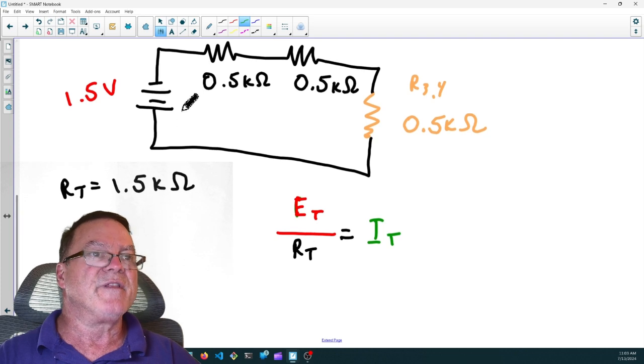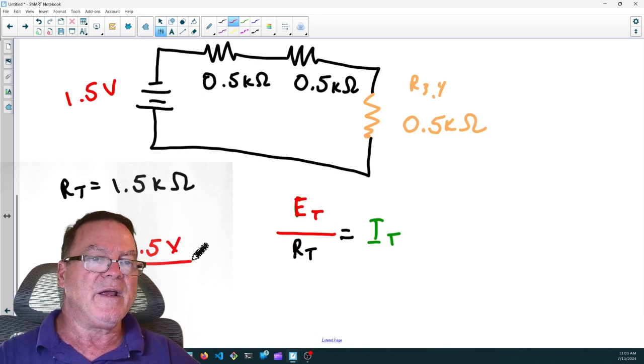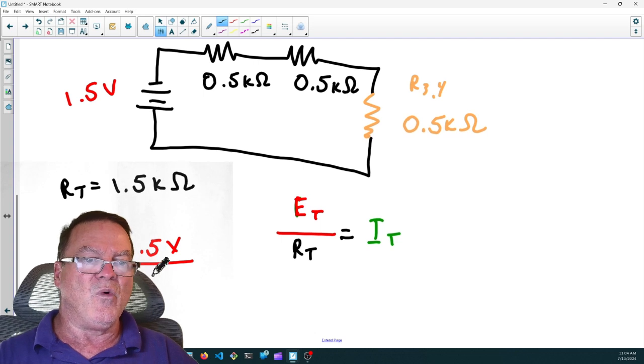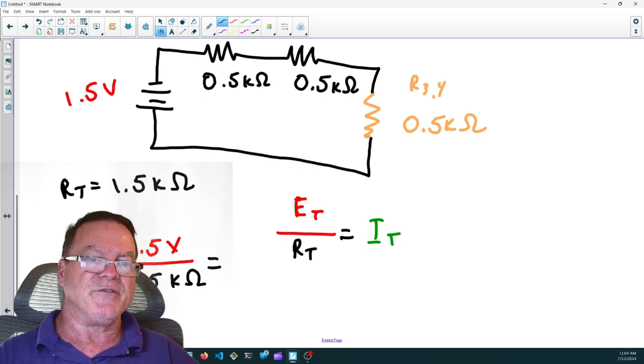So substituting the values that we know, if we have 1.5 volts divided by, now this is where I'm going to confuse us, 1.5 kiloohms equals 1 milliohm. It's 1/1000th of an ohm, because this is actually 1,500.